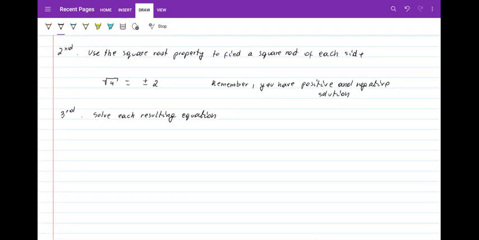Okay. So example, solve quadratic equation using square root method.